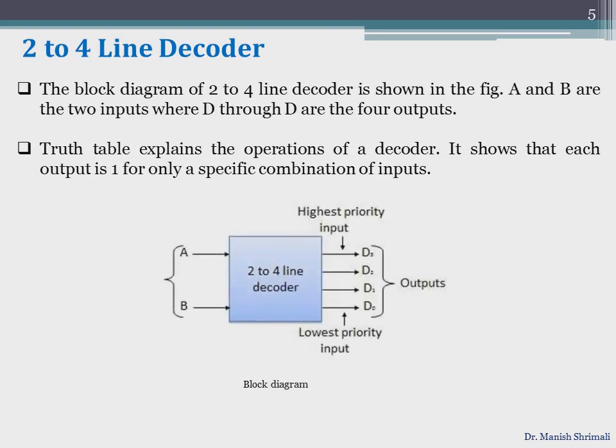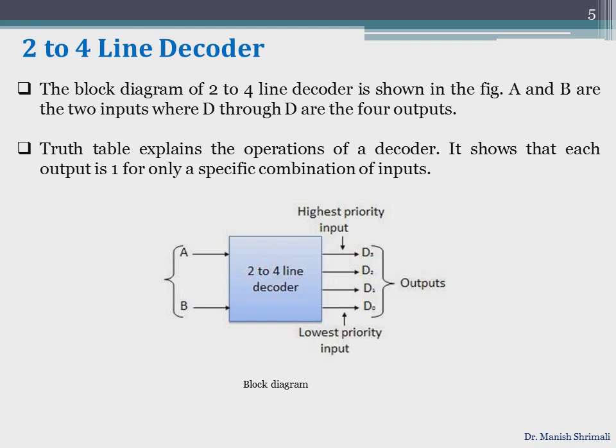Today we are going to study the 2 to 4 line decoder, and based on this, the 3 to 8 and 4 to 16 line decoders work on the same principle. So let us focus on the 2 to 4 line decoder.